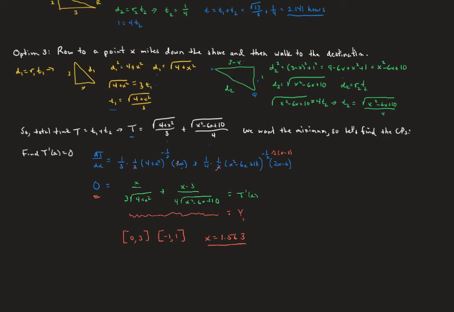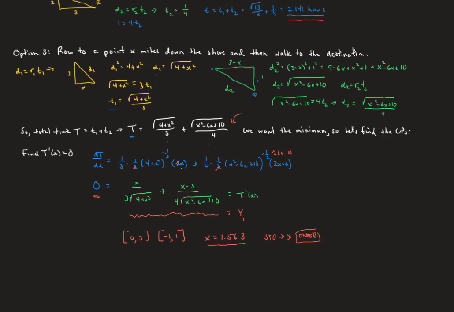So if you want to check the time, you can store that value. If you quit the screen, go second mode, and then before you do anything else, store that into x and hit enter. Then the calculator will keep all the decimal places that you found from finding that 0, and then plug that into our time value right here, and we'll see if we can get a value of time that is going to be less than that 2.141 hours.